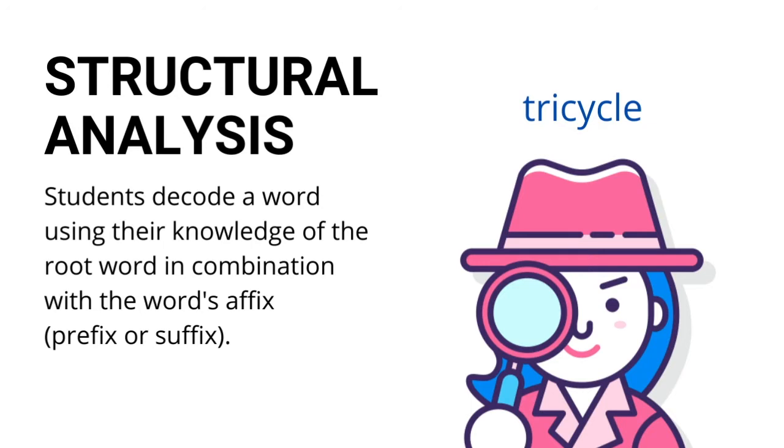In this case, you're going to want to elicit from the student that cycle is the root word by asking which other words they might know that have cycle in them. The student might say bicycle or maybe even water cycle. So what we do next is underline the root word. After that, we see that there's a prefix in front of the word, so we'll focus on that prefix and think of other words that we know in order to find the meaning of tricycle.